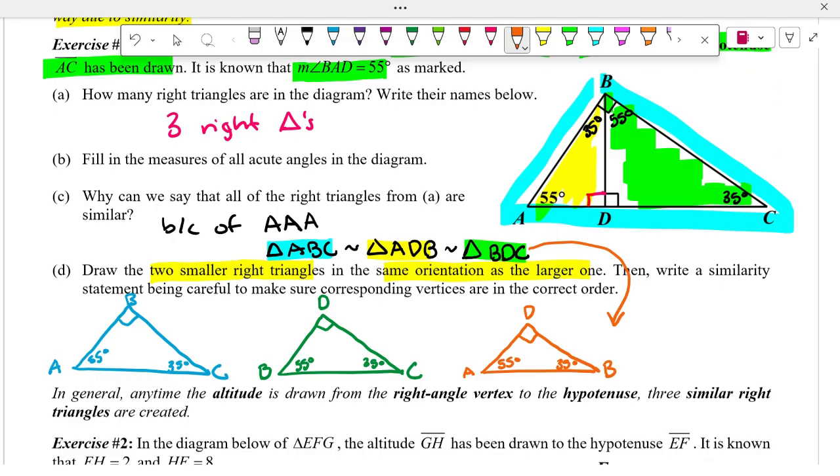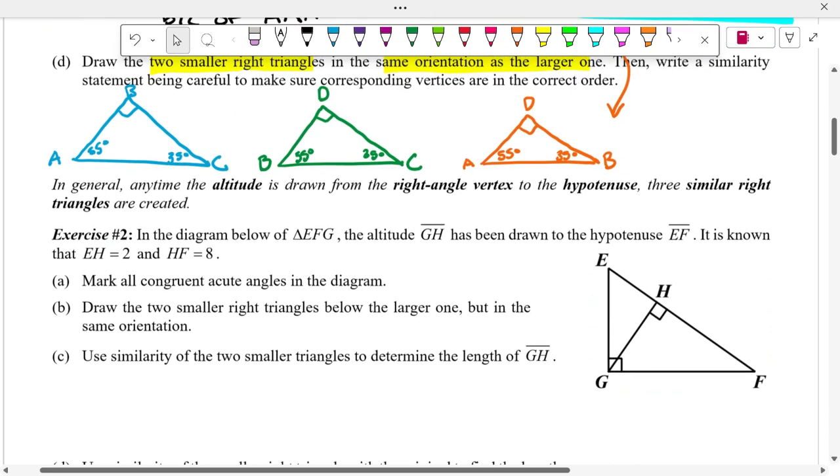So whatever letter is connected to the 55-degree angle for all three triangles. So A, B for the green, A for the yellow. Then I did the 90-degree angle. So that's B, B, and D. And then the 35, so that's C, C, and D. All right. So that's how you name them. Any questions on how you write those statements?